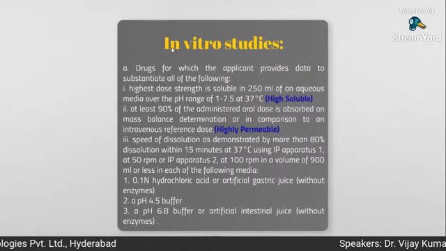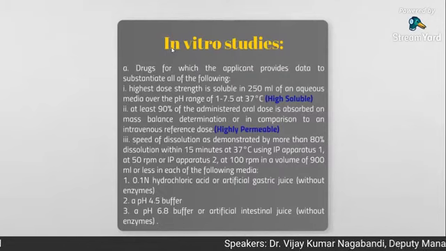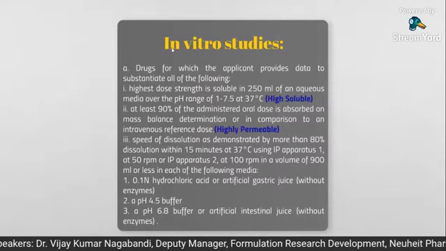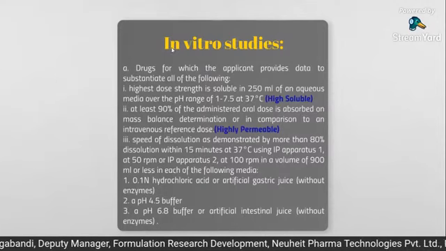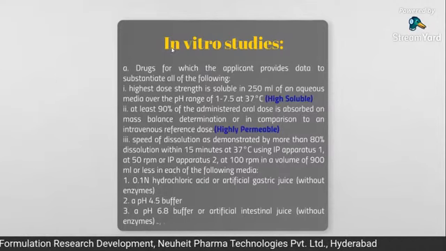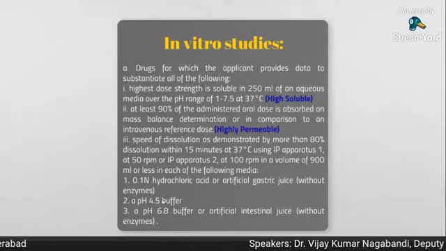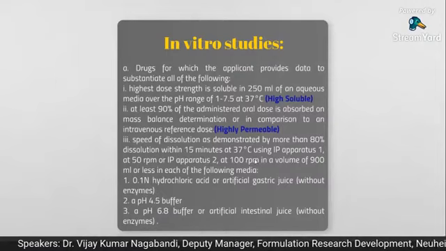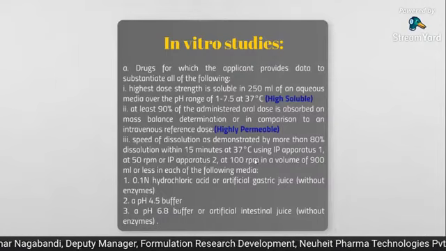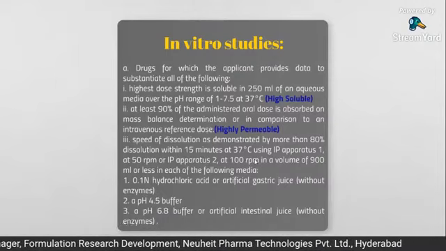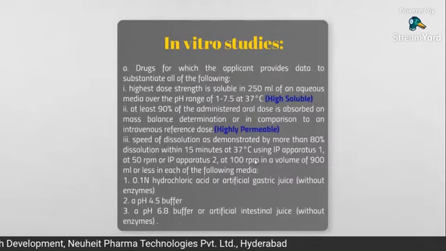If the drug is 90% absorbing and highly soluble in 250 ml in the range of 1 to 7.5 pH, and at the same time 80% of the drug dissolves in 3 medias, 0.1 normal HCl, 4.5 pH buffer, and 6.8 buffer, at 100 rpm at a volume of 900 ml using apparatus 2, or 50 rpm using apparatus 1, at 37 degrees centigrade within 15 minutes.